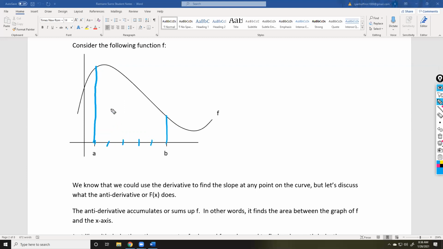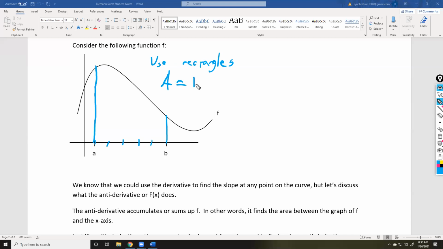So let's say these chunks. And we're going to use the area of a shape that we already know how to find the area of, which is going to be a rectangle. So we're going to use rectangles. And the reason we're going to do this is because we already know how to find the area of a rectangle.